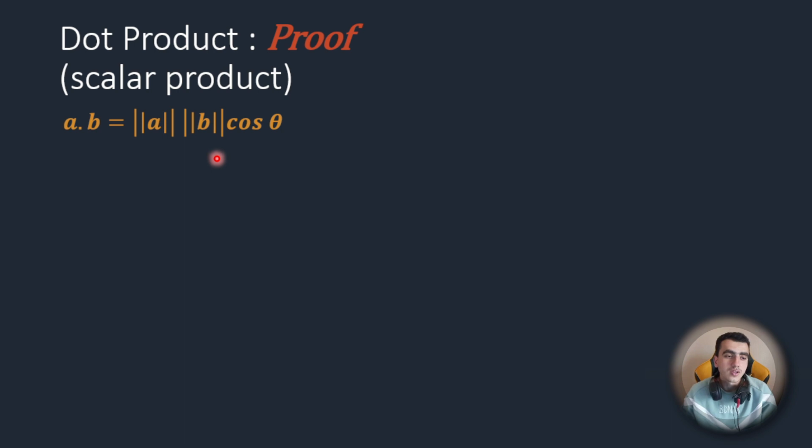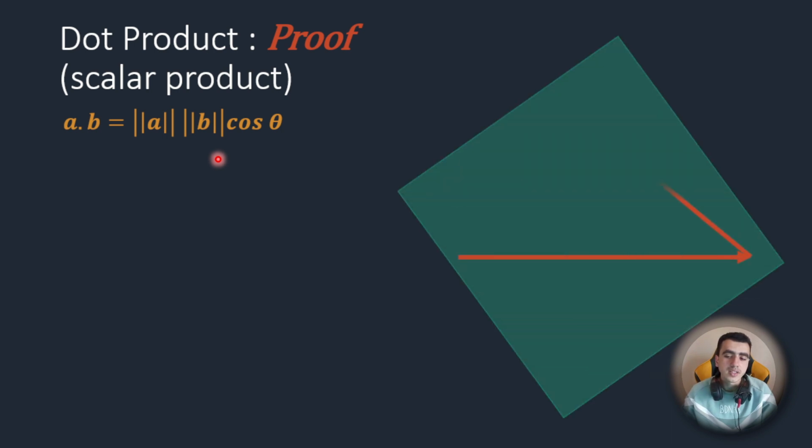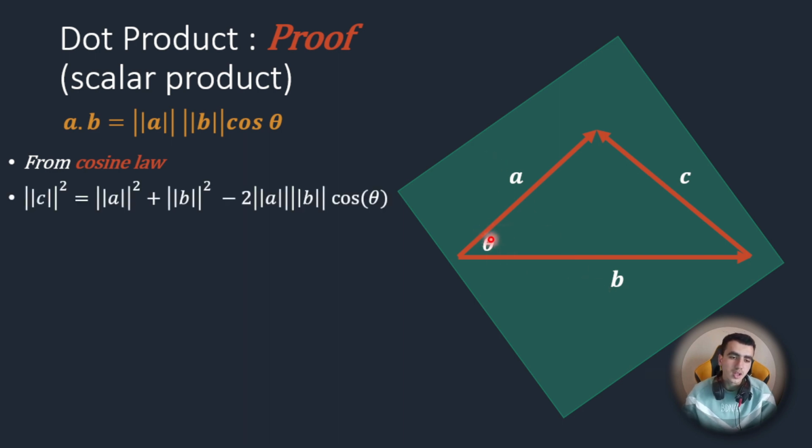Okay, so if we take a simple example here, these three vectors A, B, and C, and we have this angle between A and B. From the cosine law, we remember that C squared can be represented by A squared plus B squared minus 2 length of A, length of B, cosine of the angle between them. Okay, so this is the cosine law, which is formulating this part.